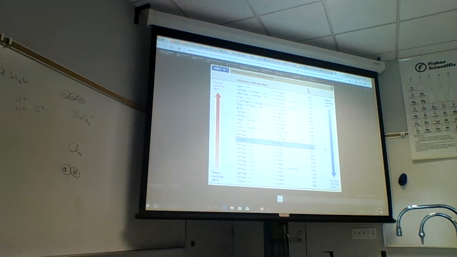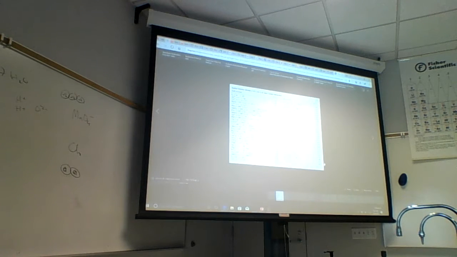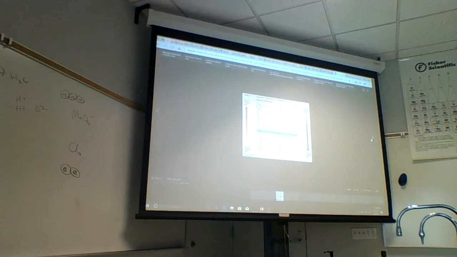Table is like our normal orientation. Fluorine, the strongest oxidizer, and lithium, the strongest reducer. Our normal orientation. Same thing with this chart. This chart's the same.